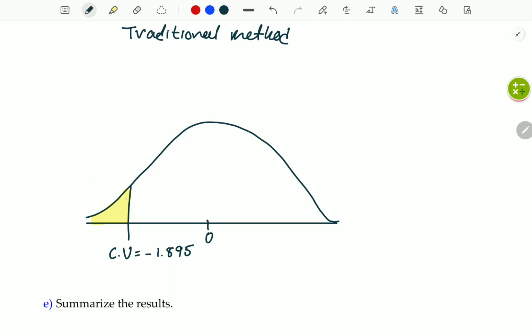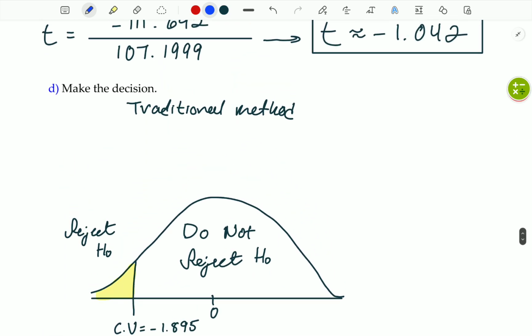If the test value falls in the shaded area, we're going to reject the null hypothesis. If the test value does not fall into the shaded area, do not reject the null hypothesis. The test value that we just computed was negative 1.042.